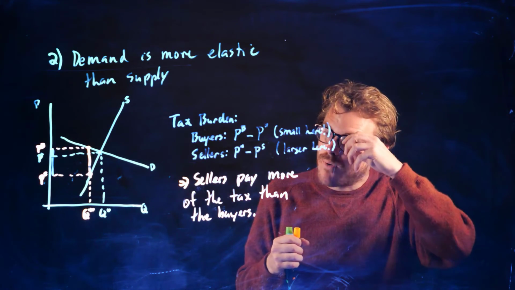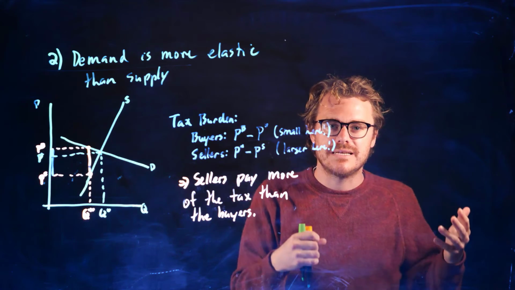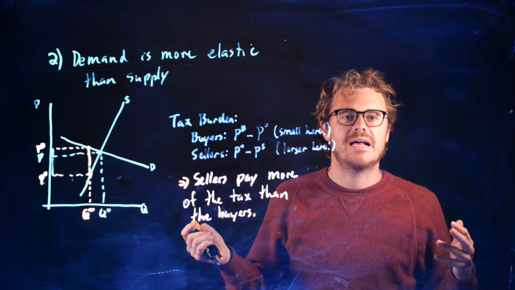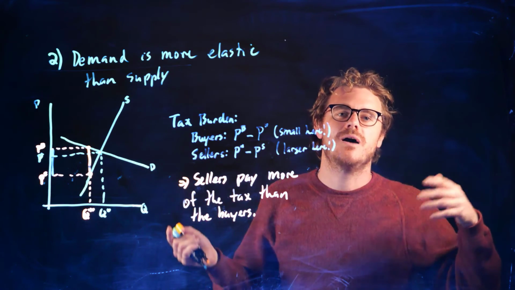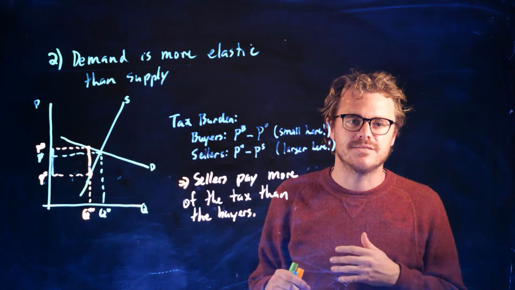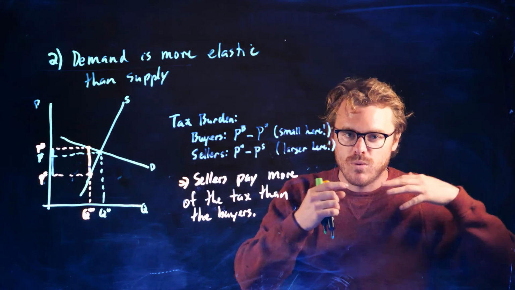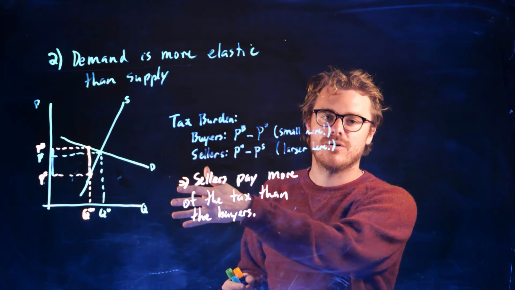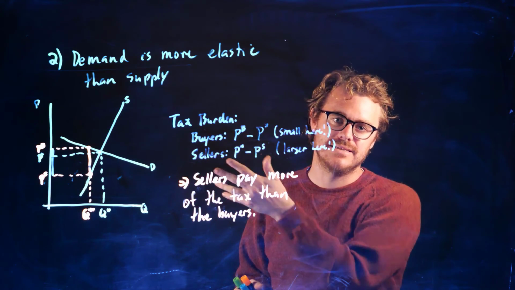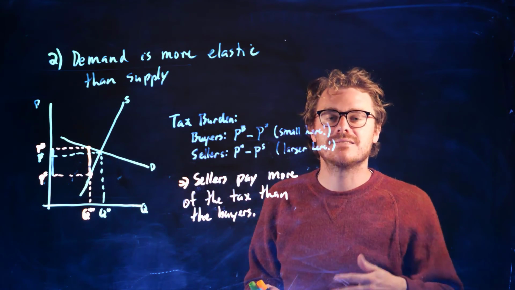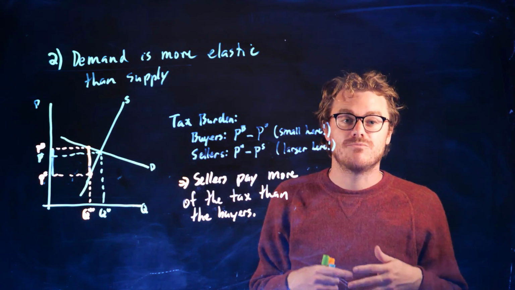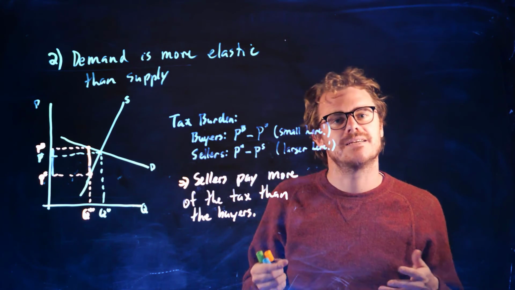This is going to be really important when you hear things in the news, where people say, if they put a tax on gasoline, these companies are just going to pass it along to consumers. What allows them to do that, if it's possible, is going to be about the elasticity of supply and demand. They can only pass a lot of this burden off onto consumers if consumers have a relatively more inelastic demand curve.